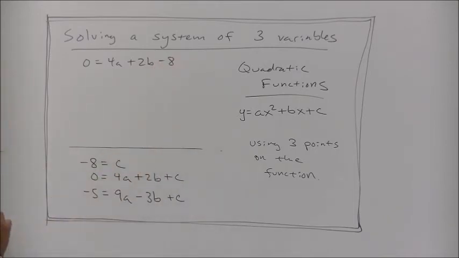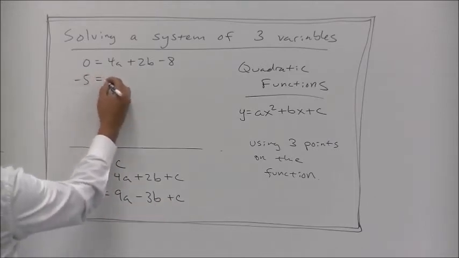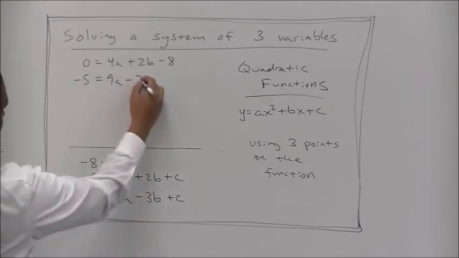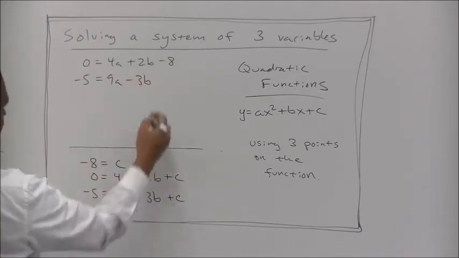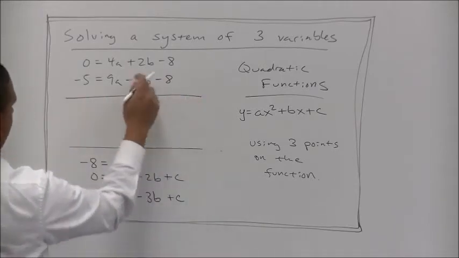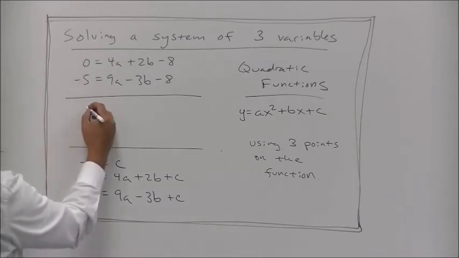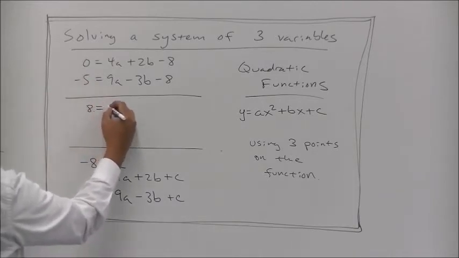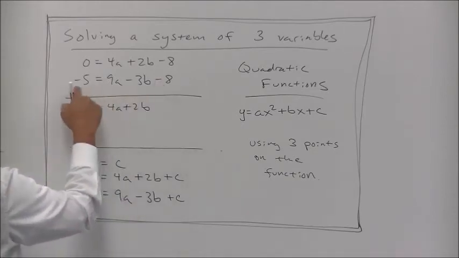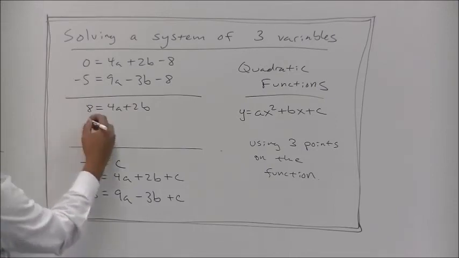And then substitute it in the third one: negative 5 equals 9a minus 3b minus 8. And then we could move the 8 over, so that gives us 8 equals 4a plus 2b. And again, with the 8 over there, what would it be here? 3.